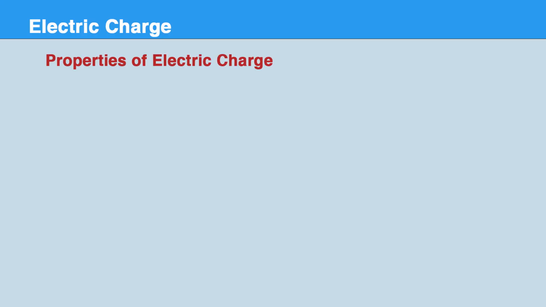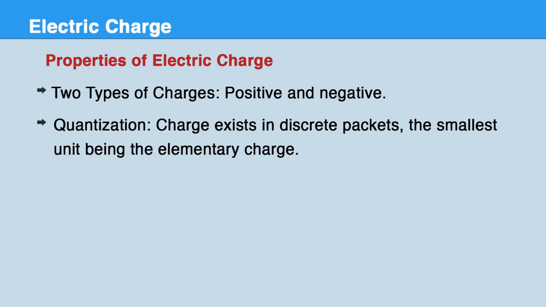Now, we will discuss properties of electric charge. For example, two like charges will push away from each other, while a positive and negative charge will pull towards each other. First, we are going to explore properties of electric charges. First is quantization of charge, which means charges come in fixed amounts like little packets.